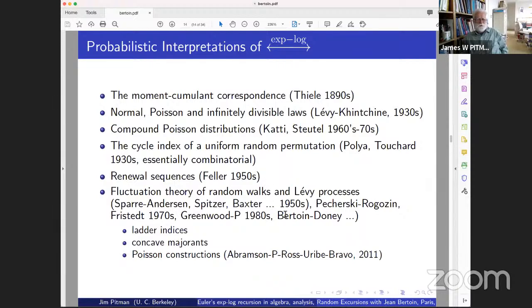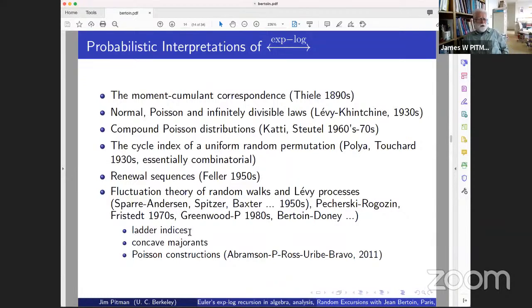That really comes to fruition in the fluctuation theory of random walks and Lévy processes, which exploded in the 1950s with dozens of papers, and then developed further in the 70s and 80s. It continues to be an active area. People are doing finer things with Lévy processes and so on.